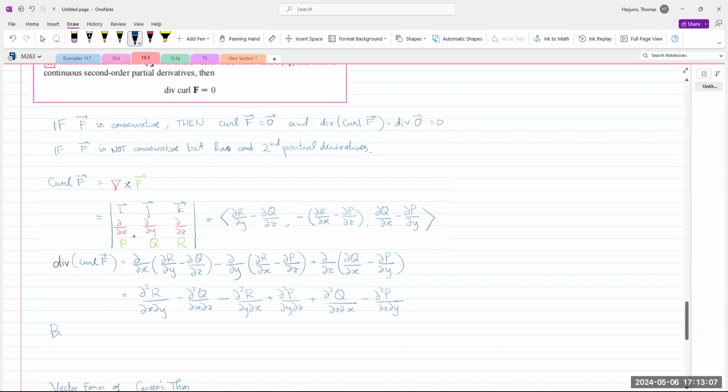Okay, by Clairaut's theorem, the mixed partial derivatives are equal regardless of the order of differentiation.